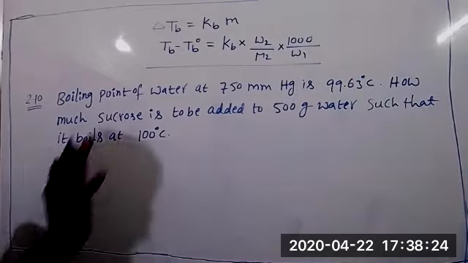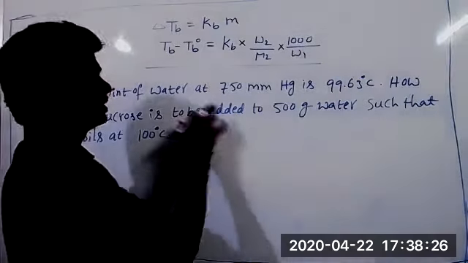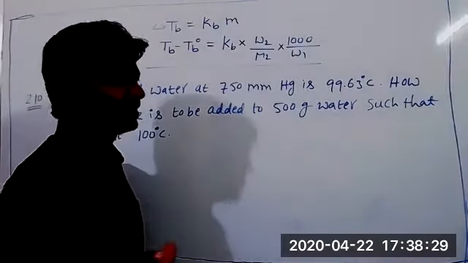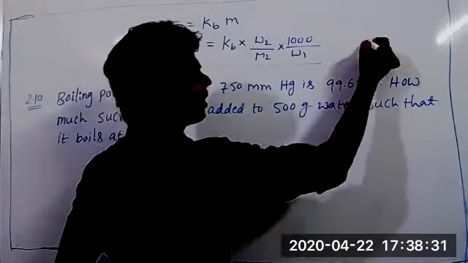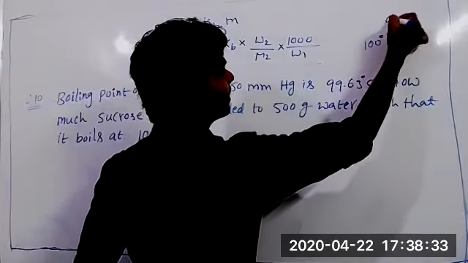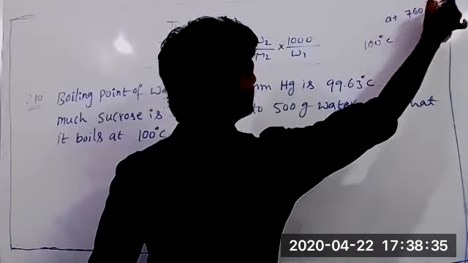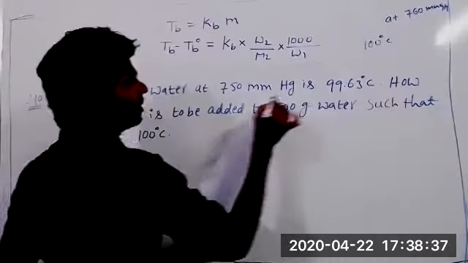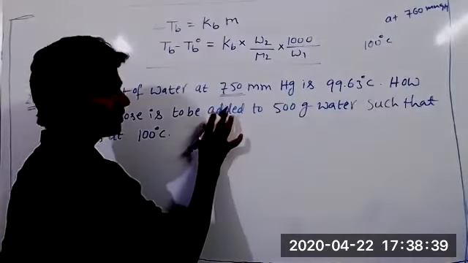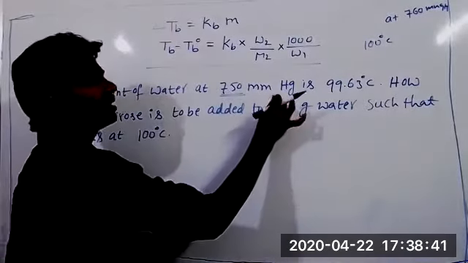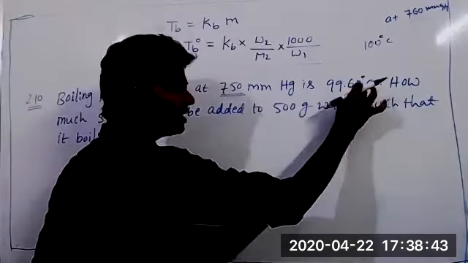Okay. Listen carefully to the question. Here, the boiling point of water is given. Generally, the boiling point of pure water is 100 degrees centigrade at 1 atmospheric pressure or 760 mmHg. But here only 750 mmHg is given. The pure water boiling point is 99.63 degrees centigrade.